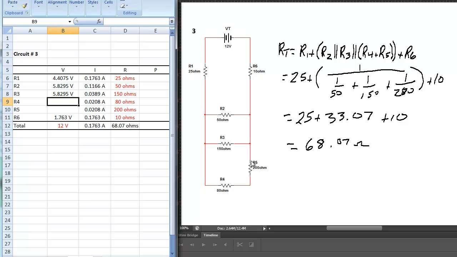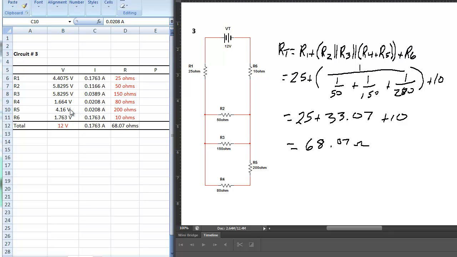And then we can find out the separation of this 5.8295 volts, because now we have the current, so it's simple Ohm's law. So since we have the current in this branch, I3 times R3 will equal V3. I4 times R4 will equal V4.